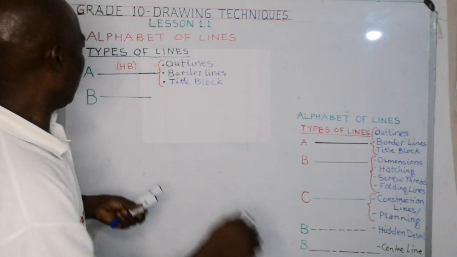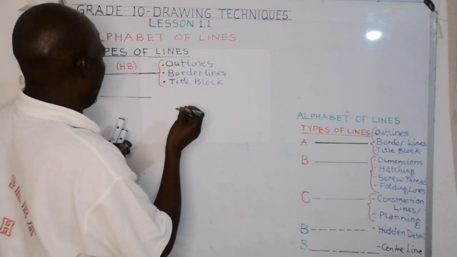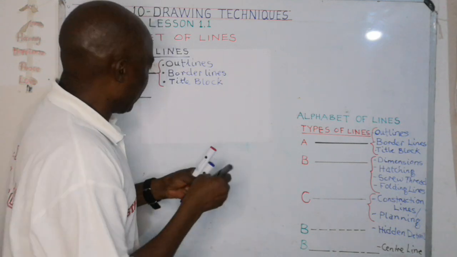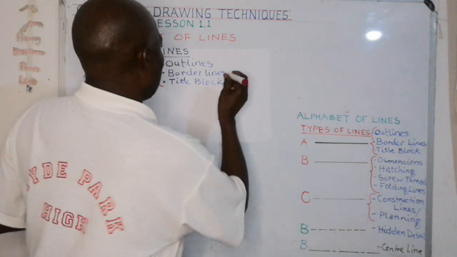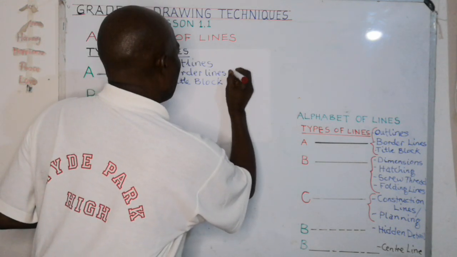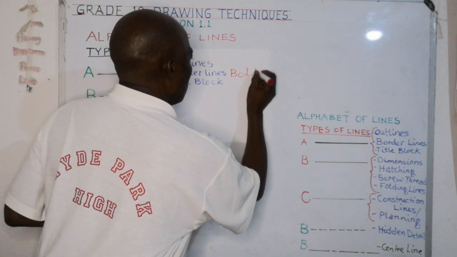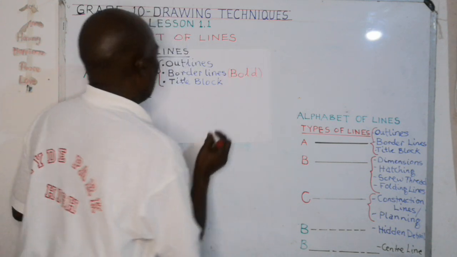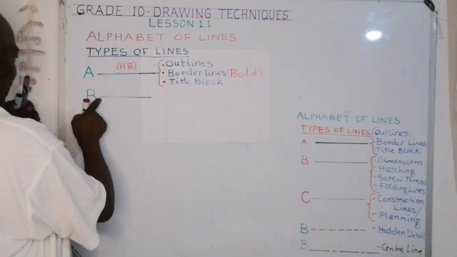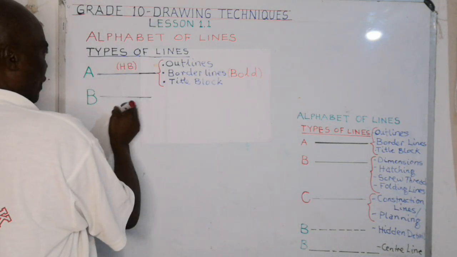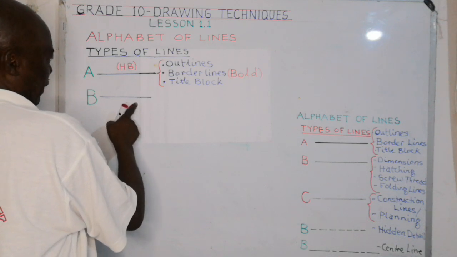And let me add something here. Bold. Let me use a different color there. All these are bold. Then this one, which is lighter, is now 2H.